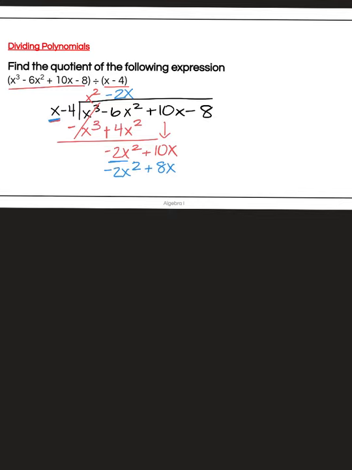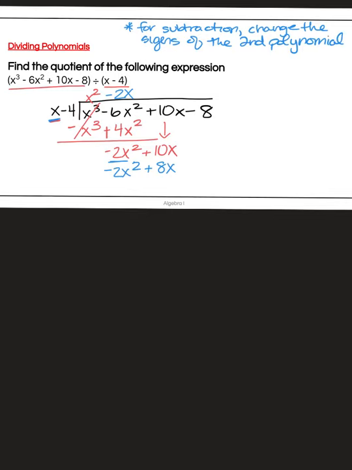Again, for subtraction I change the signs of the second polynomial.